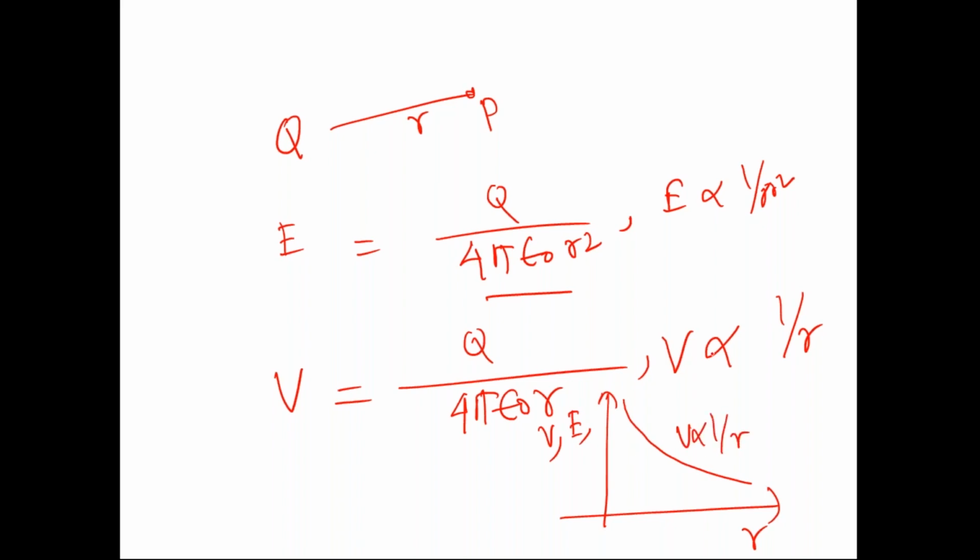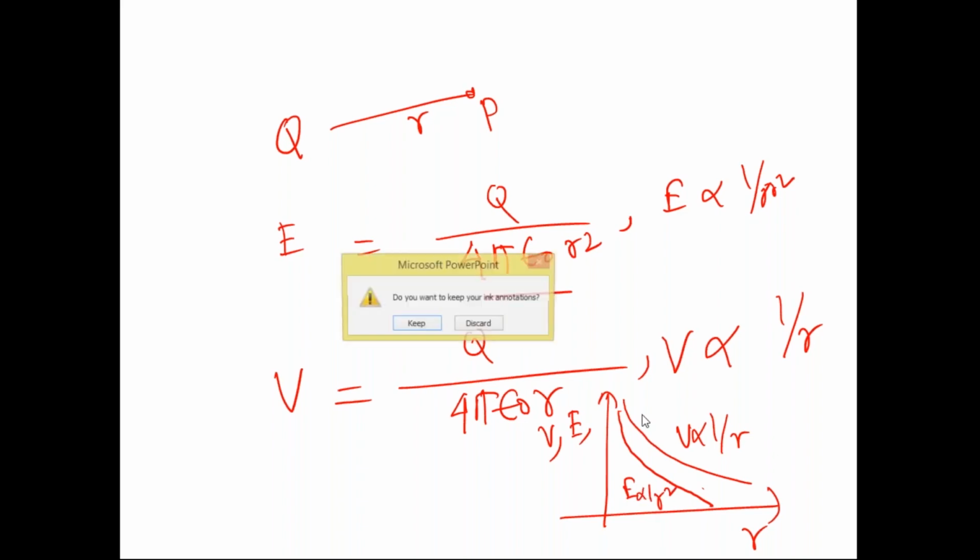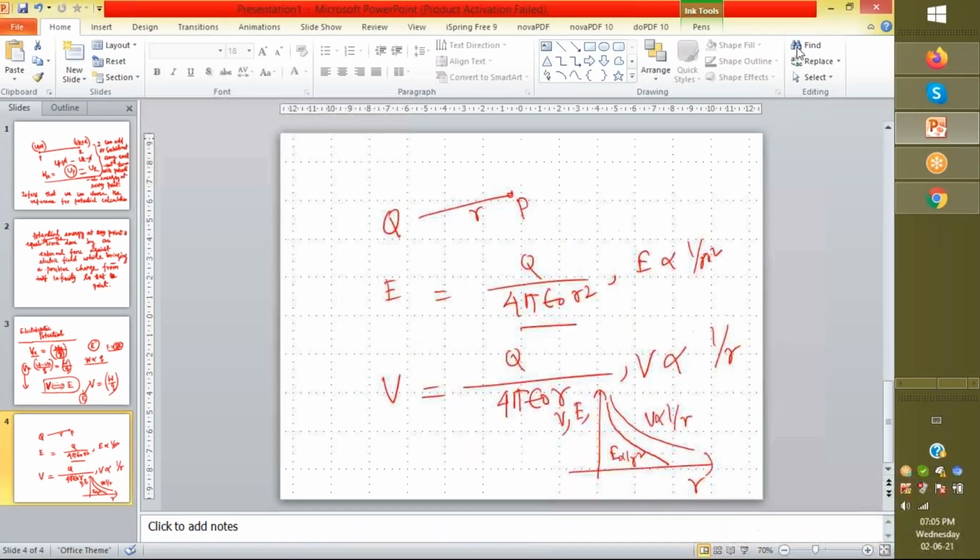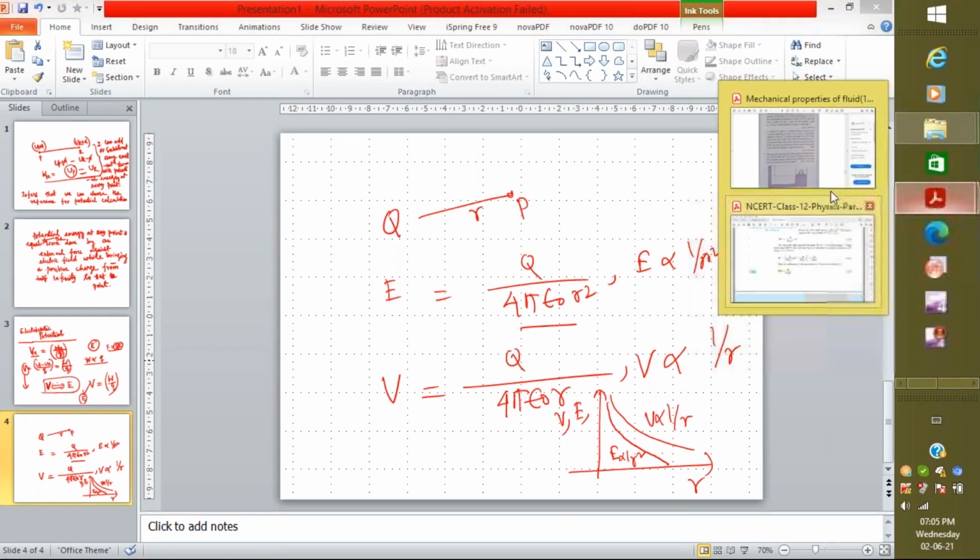It decreases steeply because E is proportional to 1 by r square. So this is what is drawn in your book. I hope you have understood how we derived this potential for a point charge.